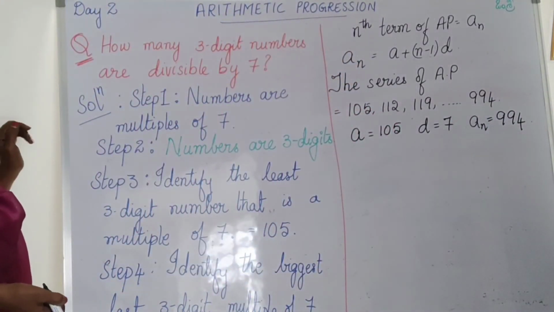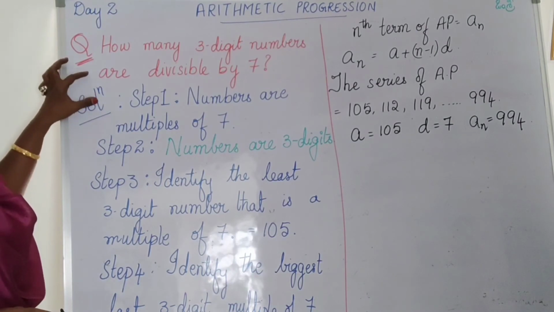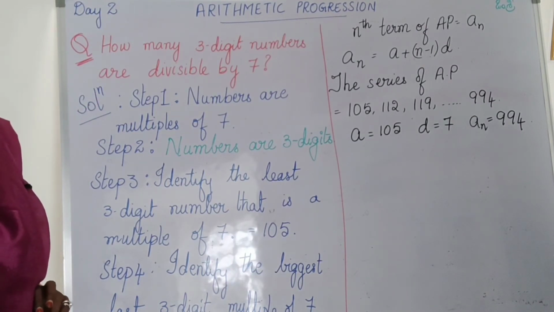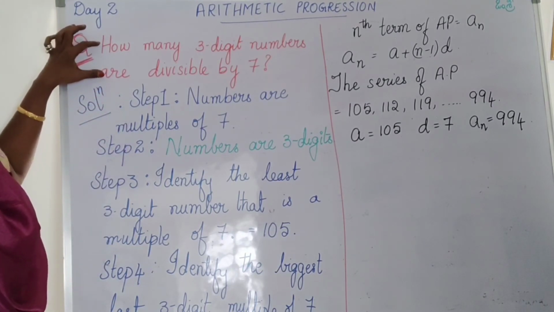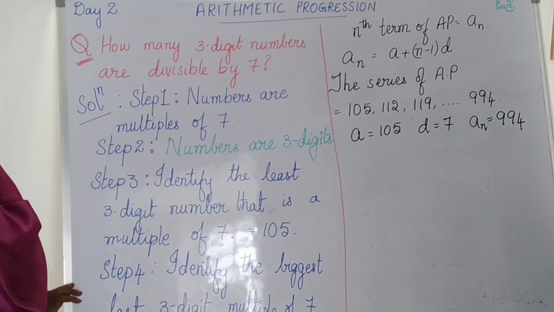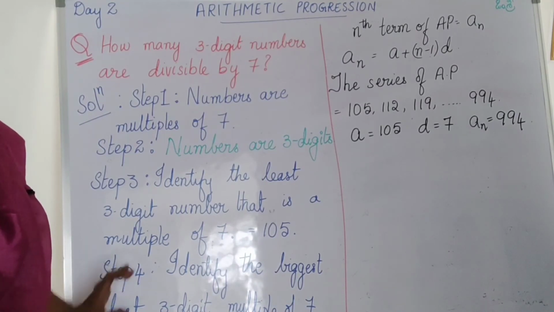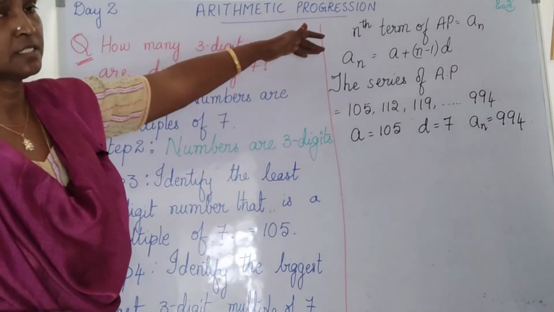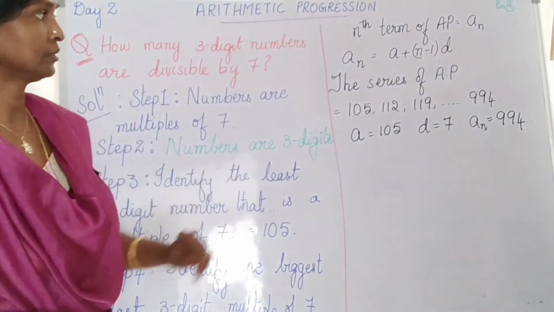Okay, so this is how we have to process the solution. First we identified what data is given, then we wrote the steps where we get the first and last term of the series, and then the formula that is needed to find the solution.